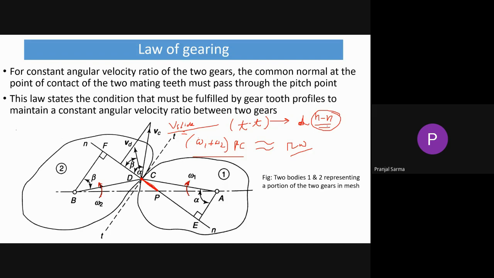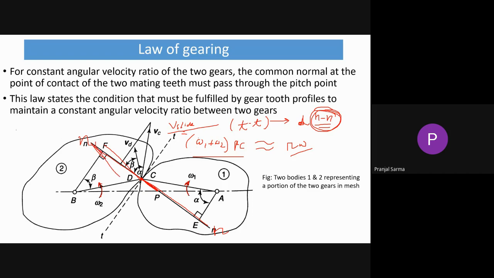Should there be any relative velocity along the common normal direction, in this n direction? What I have discussed, who can tell me? So there should not be any relative velocity along this direction.